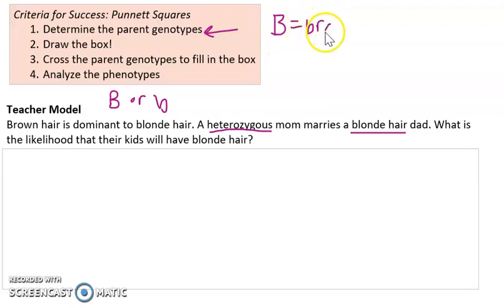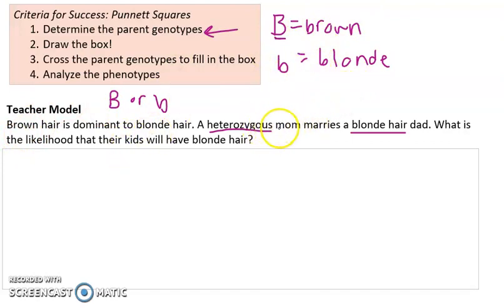Any dominant gene is going to be a capital letter. Therefore, my little b is going to be my recessive, which is blonde. So the first step is figuring out parent genotypes, and we first need to figure out what each allele means. Brown hair is dominant, therefore it is capital, and it is brown, and blonde hair is going to be my recessive gene.